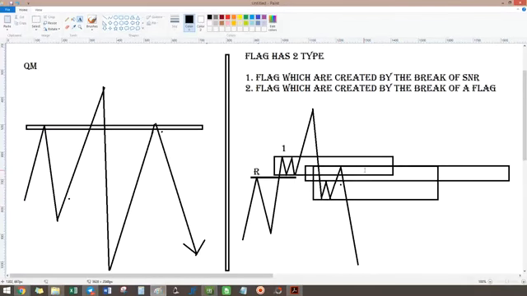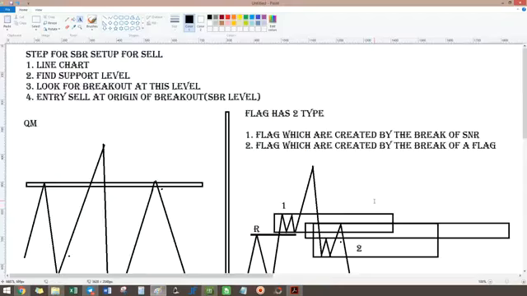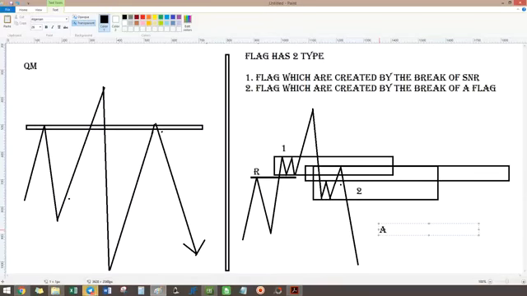Okay, there's another rule, if you ever heard of maximum pain level. I will explain to you. This is number 2. So to make it a valid maximum pain, a valid MPL, price at number 2 must retrace in FL1.